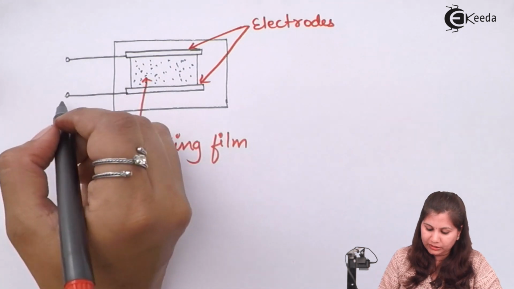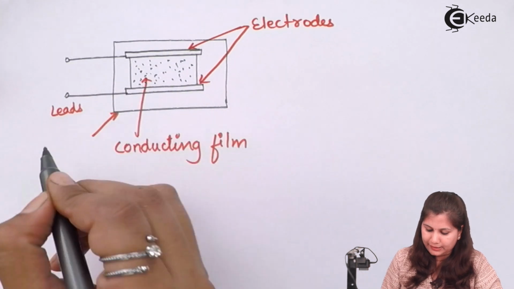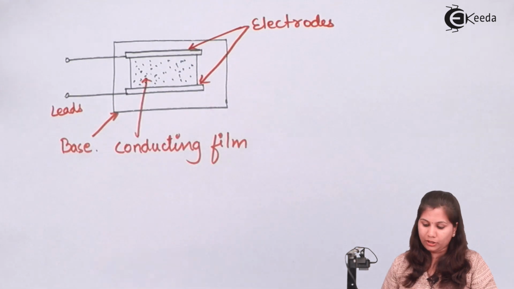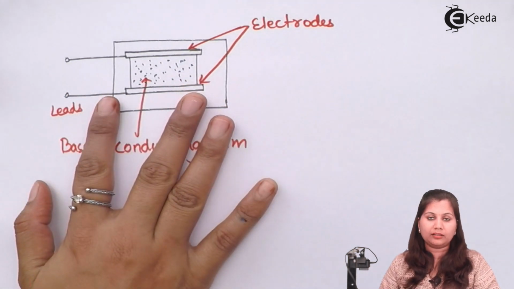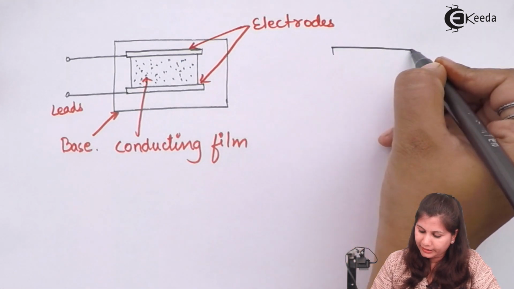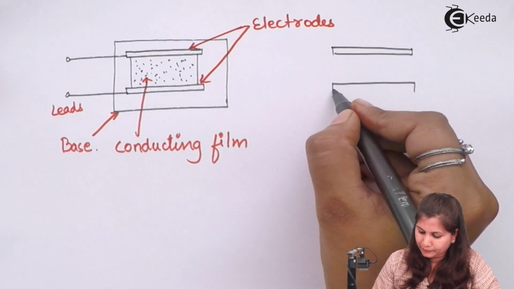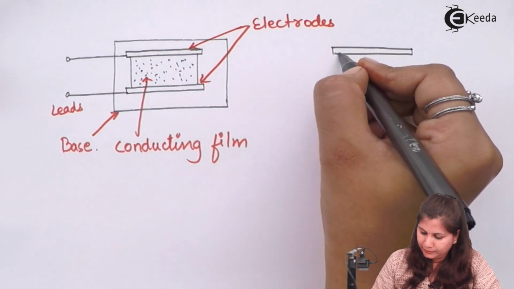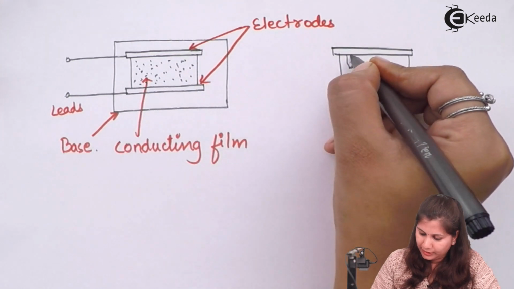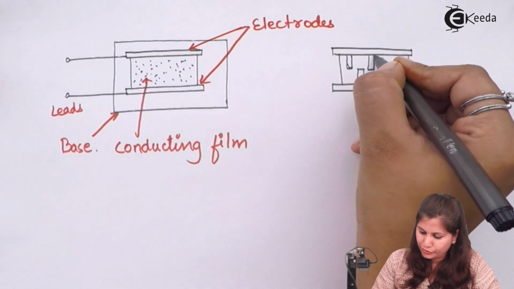Here we are having the leads, and this is the base. So this is one arrangement in the resistive hygrometer. Another arrangement is that again we have two electrodes, but here the conducting film is in the form of a zigzag portion.